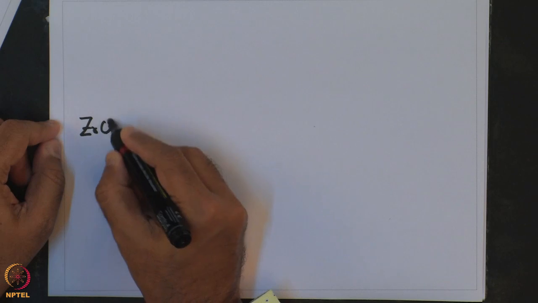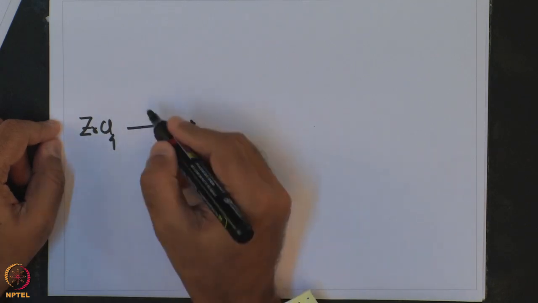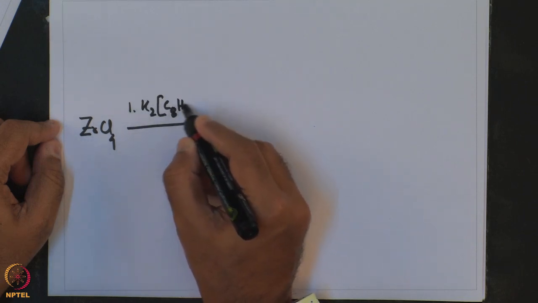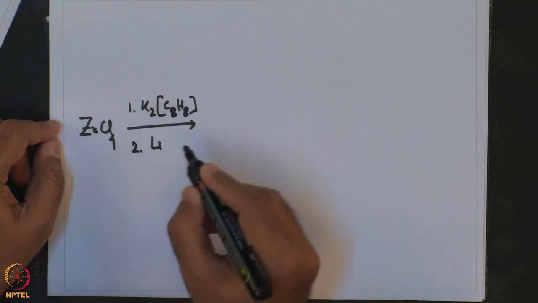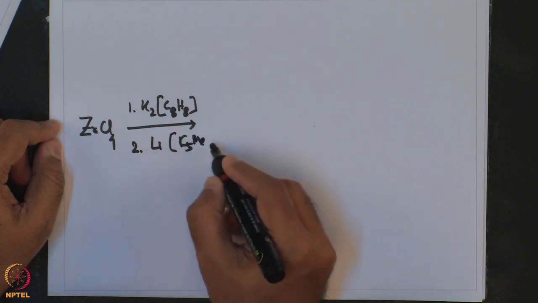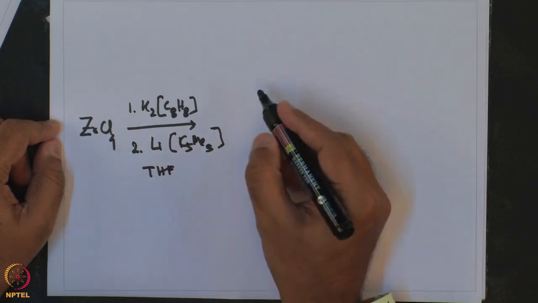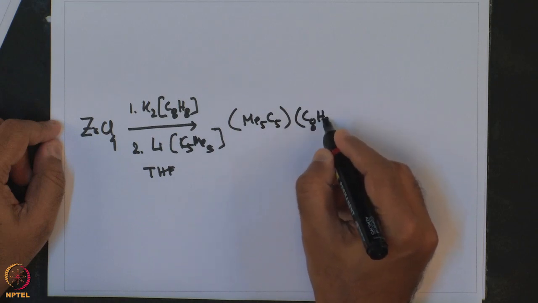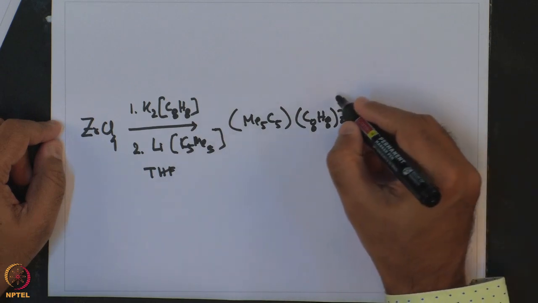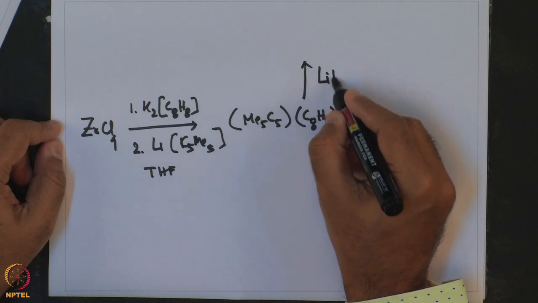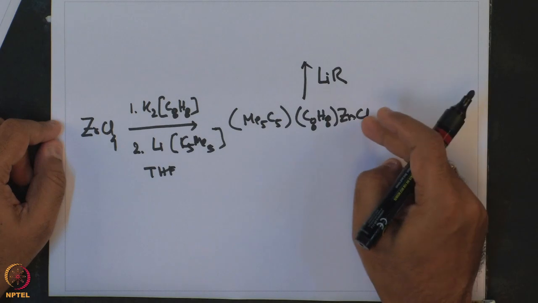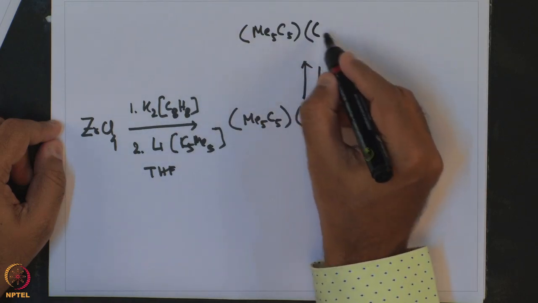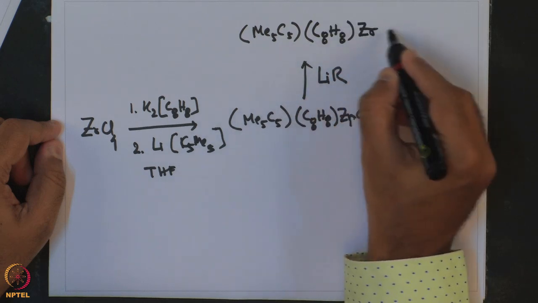For example, the reaction of ZrCl4 with 1 K2 dianionic form of C8H8 and 2 lithium salt of C5Me5, pentamethyl Cp, in tetrahydrofuran gives rise to this (Me5C5) dianionic C8H8 zirconium chloride, and that upon reaction with lithium alkyl would alkylate this zirconium, giving rise to (Me5C5)(C8H8)zirconium alkyl.